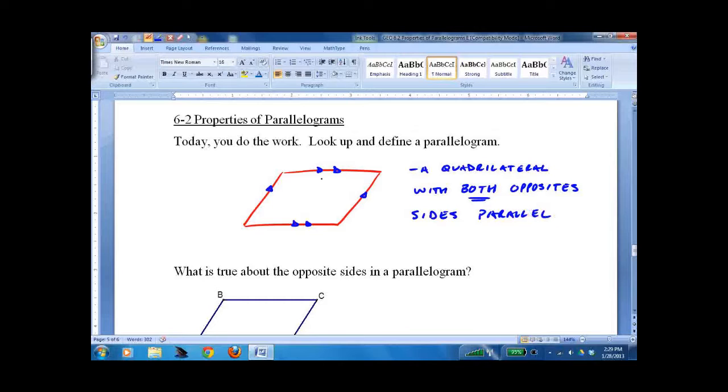And that's what these arrows mean. Same thing with the arrows on the other sides.